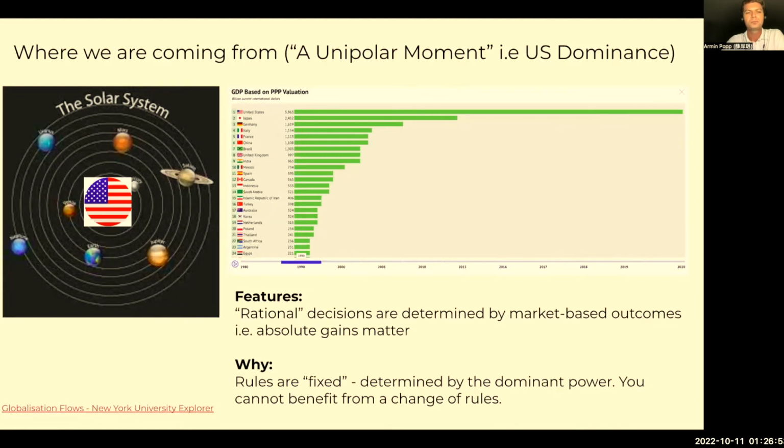In this system, the interesting thing is, because you are so dominant, rational decisions are determined by market-based outcomes. Absolute gains matter. Why is that? Because no one else can challenge the rules. Since the rules are fixed and determined by, in this case, the US, you cannot benefit from a change of rules.